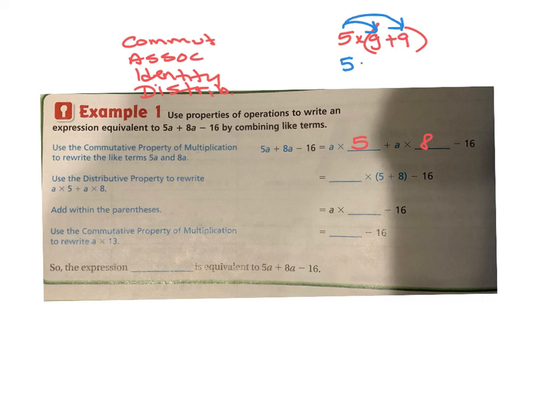So we ended up with 5g plus 45. A lot of times, big mistake to watch out for. People forget to multiply the second term by that 5, so don't forget that. You'll see in the questions that they try and catch you on that too, when you get to the independent practice or the on your own.